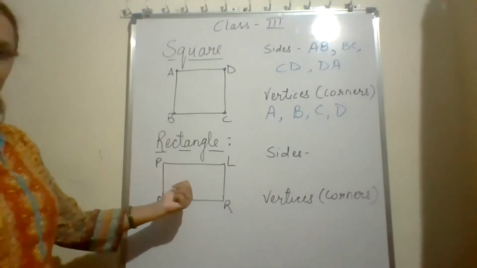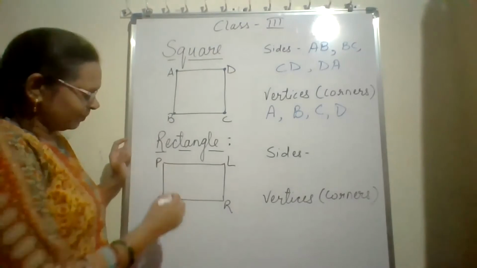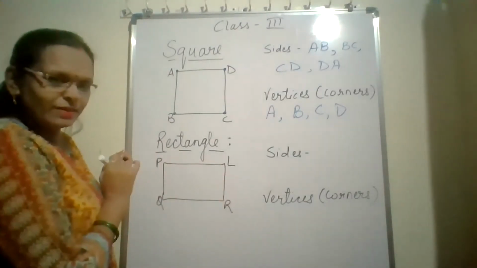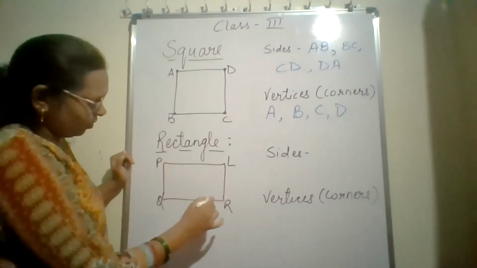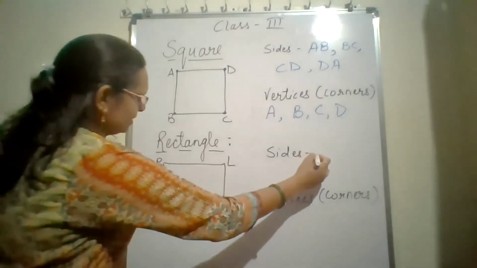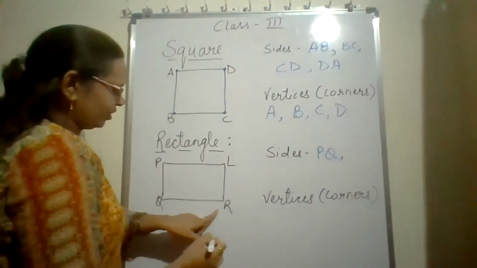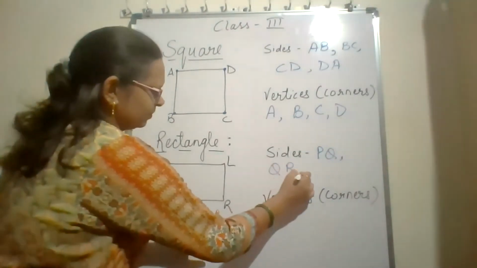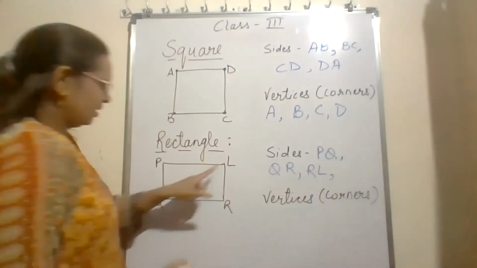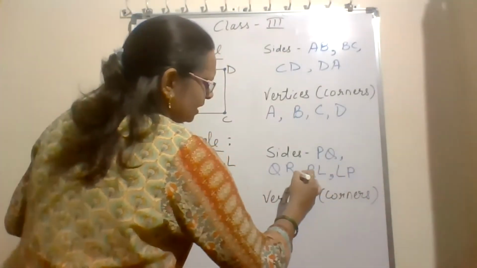Now let's come to the next figure. The next figure is the rectangle. How many sides are there in a rectangle? Again, it is a four-sided closed figure. So here, see, in the rectangle the sides are PQ, QR, RL, LP. Is it clear to you?